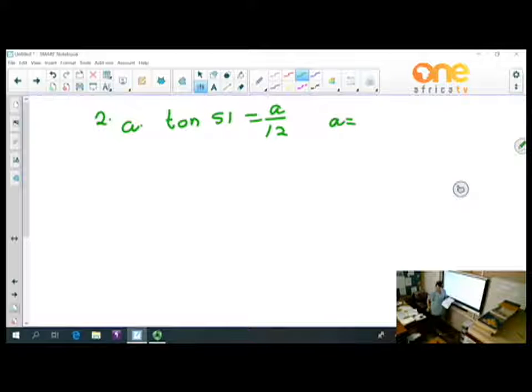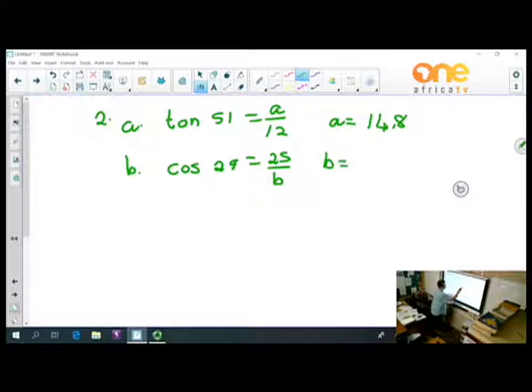So A is equal to 12 times tan 51, which is equal to 14.8. The next one, number B. Which function? Cosine. So cosine 29 is equal to 25 over B. Which method now? Bottom divide.